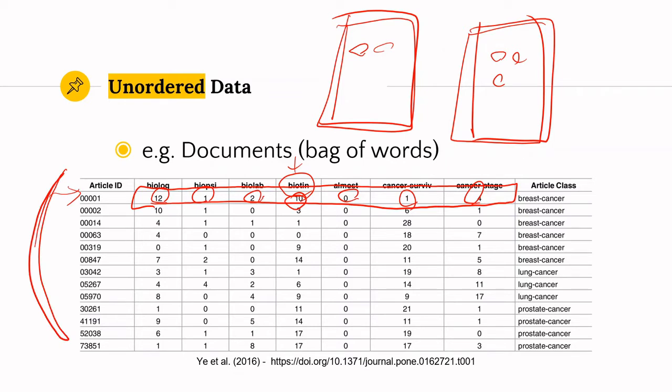Each row of this database is a document or an article, and each column is basically the frequency of different words. Okay, so that type of data is what is called a bag of words, or BOW. And in the case of bag of words, it's unordered data because as long as you have the corresponding entries, the ordering itself doesn't really matter, right?